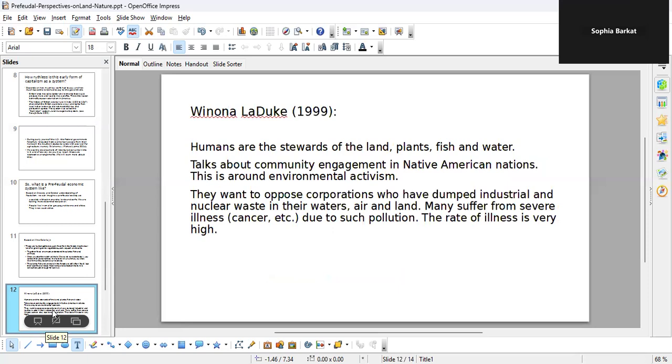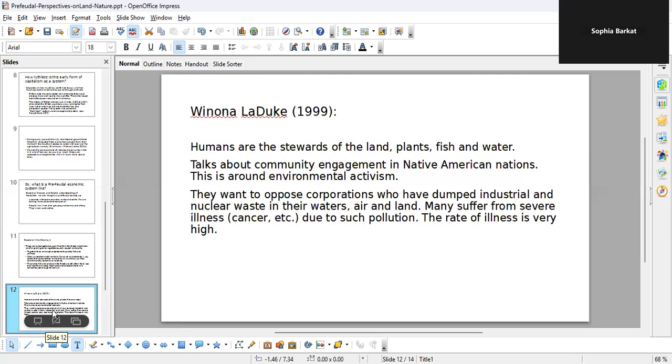So for her, it's not just about the relationships we have with these personalities, nature, but the evils created by modern society that force us to become stewards of land, plants, fish, and water, right?